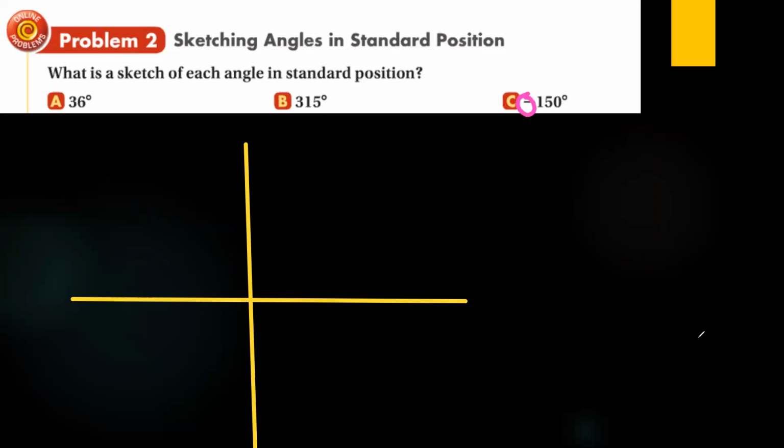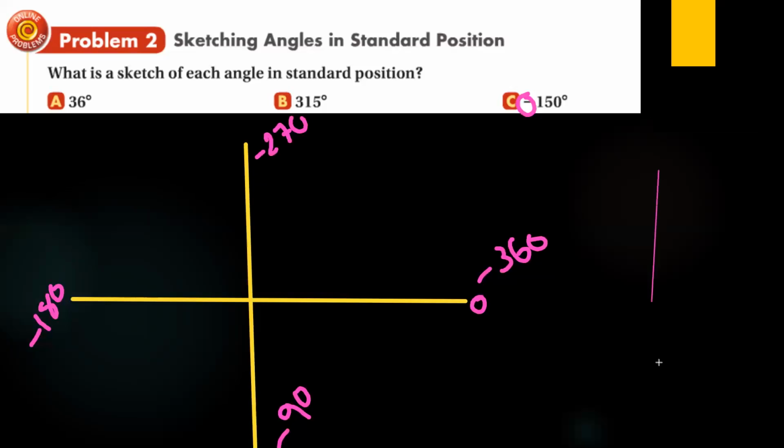We have negative. So this is 0. This is negative 90. This is negative 180. This is negative 270. And this is negative 360. Now, in general, if you want to find the angles in the middle here, between the axes: on the axis, we have 0, 90, 180, 270.